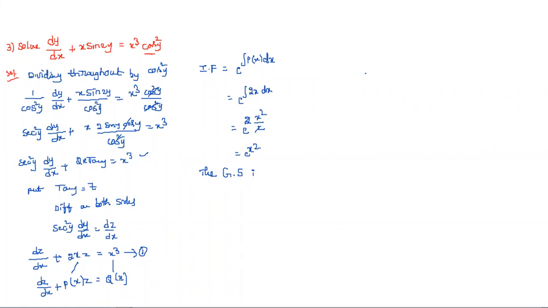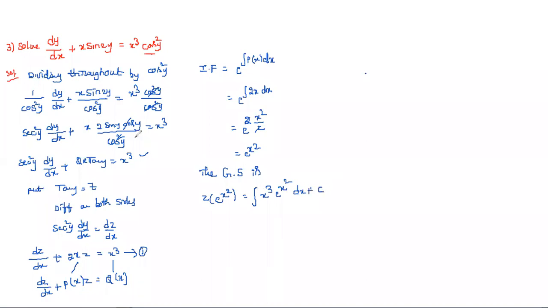Here it is. The general solution is z into integrating factor. So z into integrating factor e power x square is equal integral q of x, x cube into e power x square dx plus c.